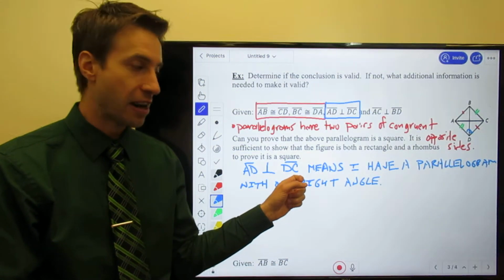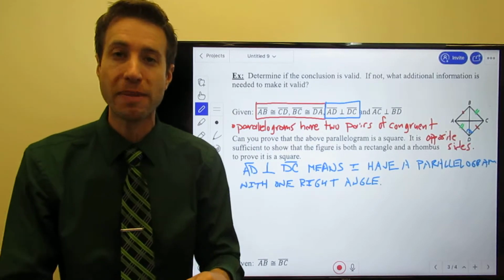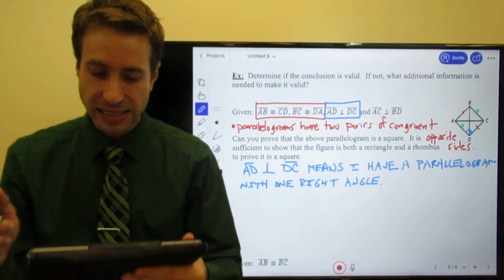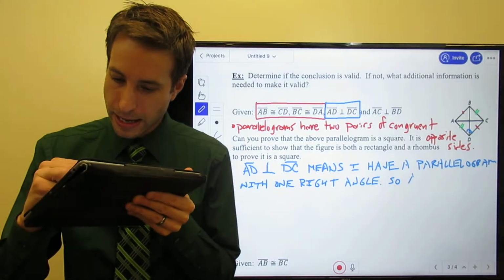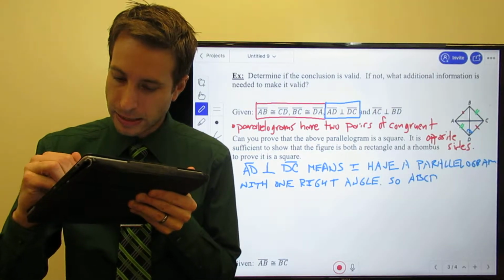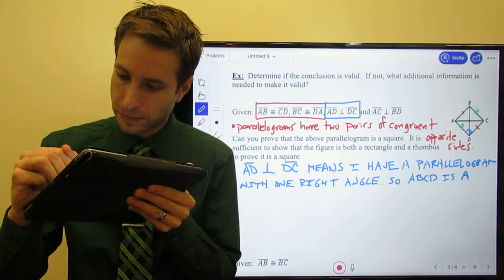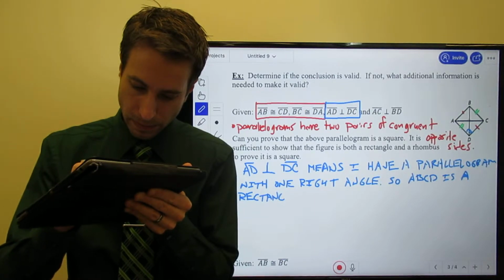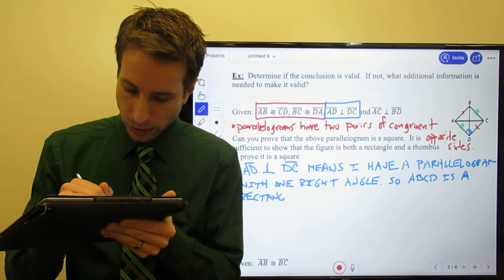So right here, this is enough information for me to say yes, this figure is a rectangle. So, ABCD is a rectangle. All right, great.